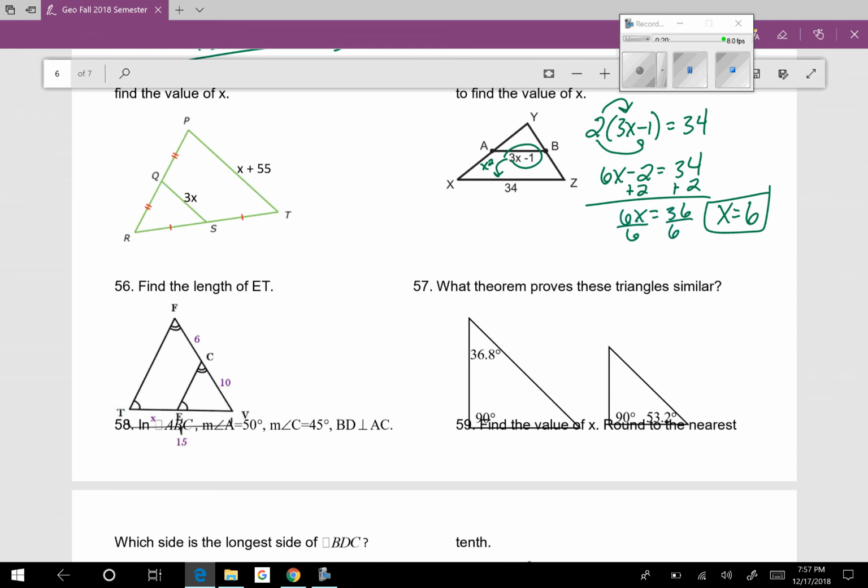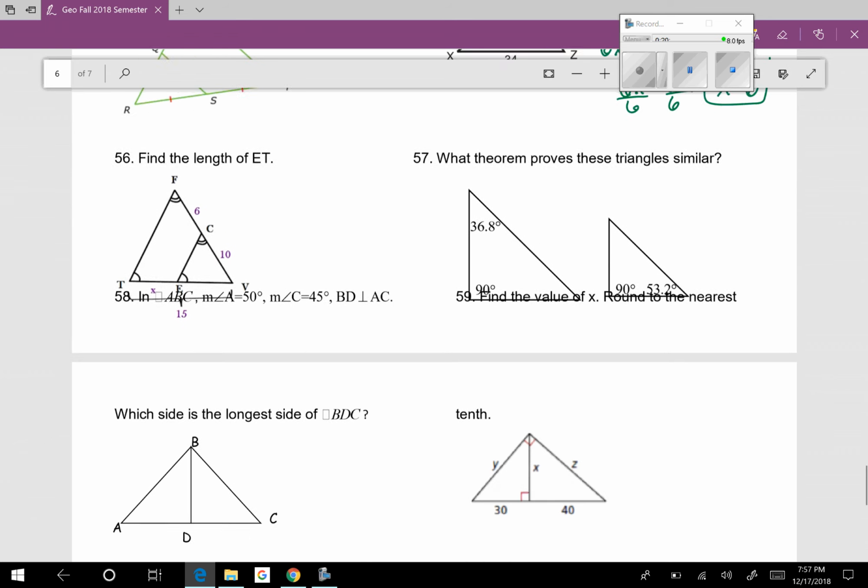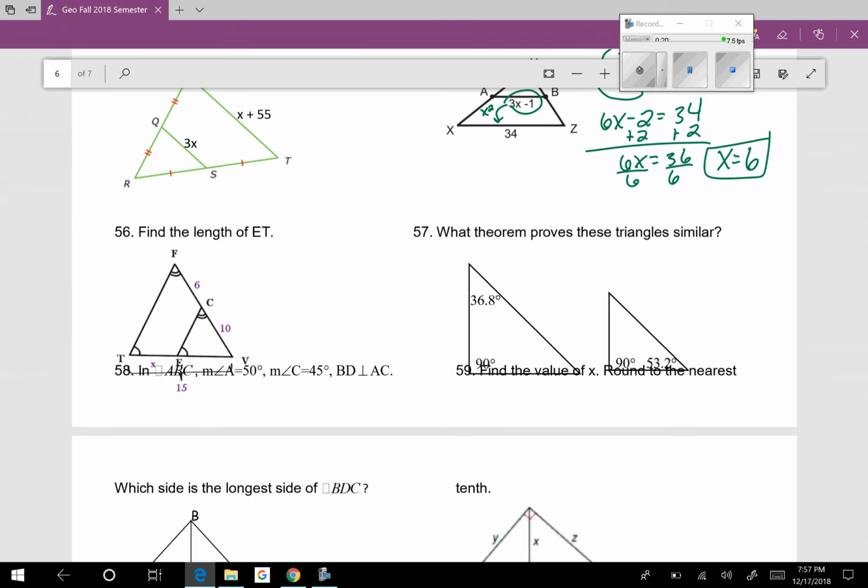Okay, number 57. You have to excuse the printing here. This stuff here, to find the value of x and round to the nearest tenth, should go with problem number 59. And also on this one here, 56, the 15 is a bracket.